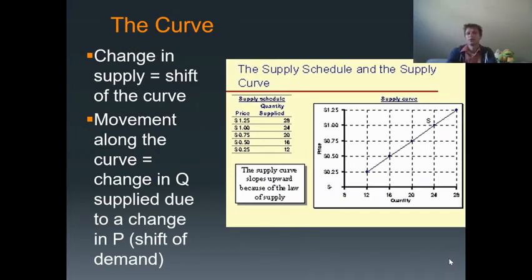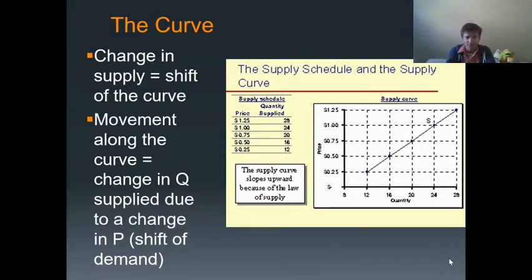Now, in terms of the curve itself, it's also good to remind yourself that a change in supply means a shift in the curve, and that movement along the curve is not the same thing. So if you just see that price changed, that means you've moved along the curve.